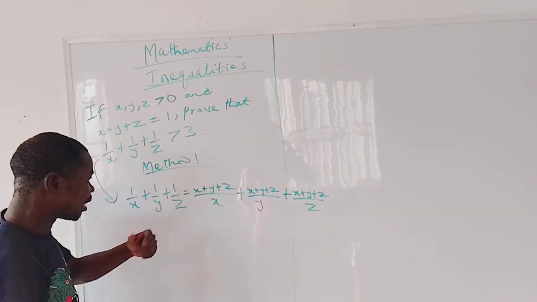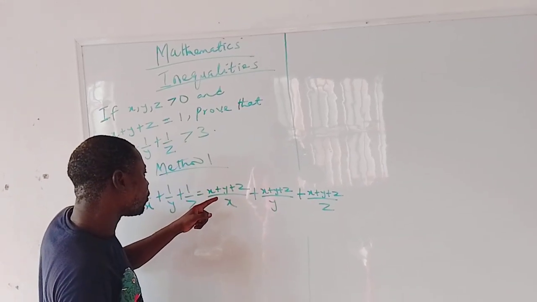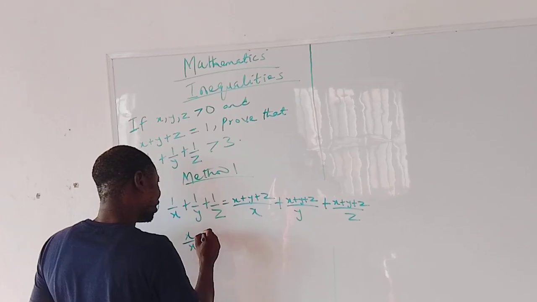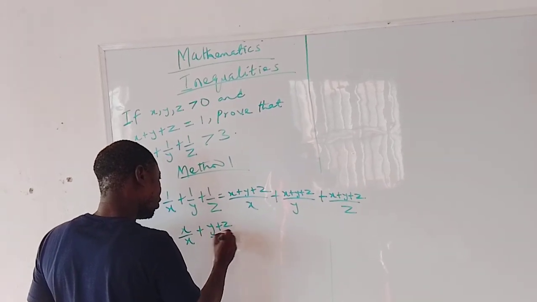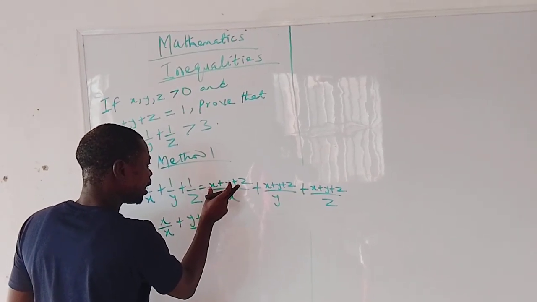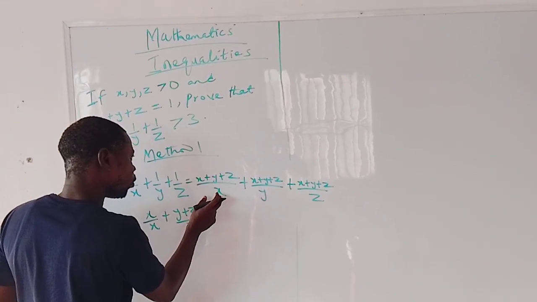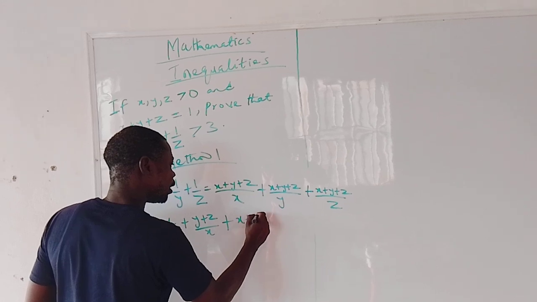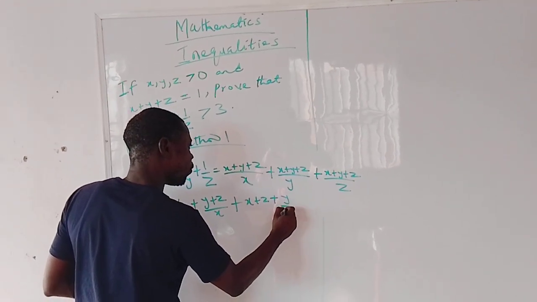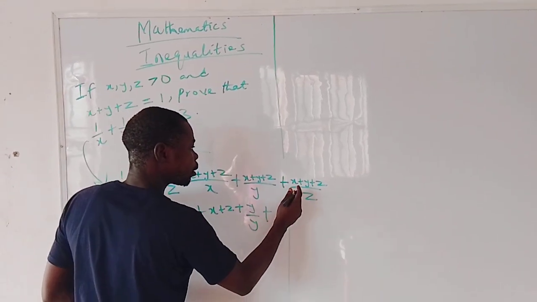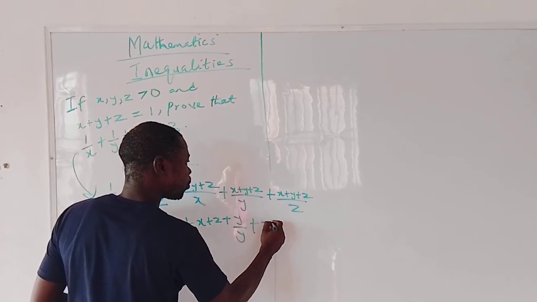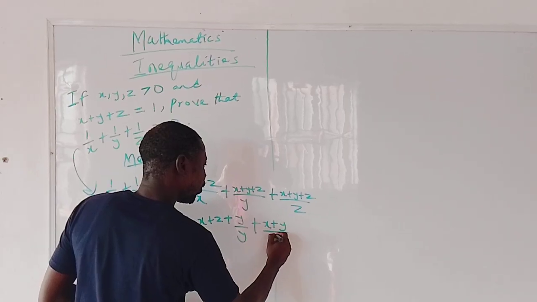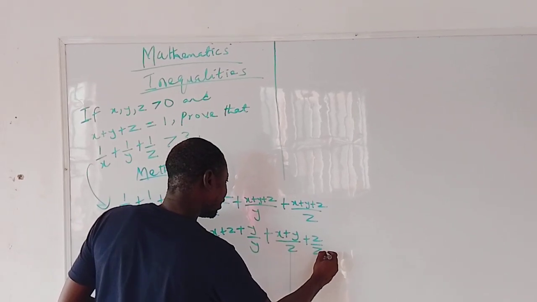So now let's investigate. Now I can rewrite this as x over x plus y plus z over x, because this numerator will also affect the denominator. So then plus, this can also be expressed as x plus z plus y over y, then plus, this can also be written as x plus y all over z plus z over z.